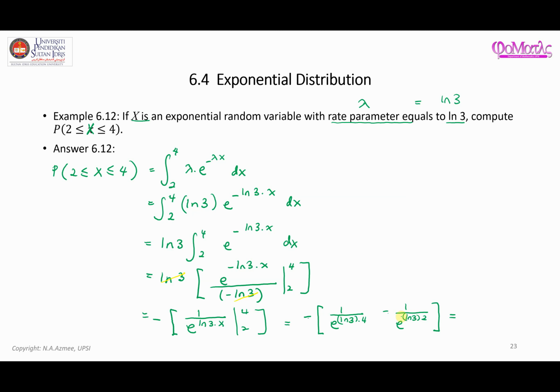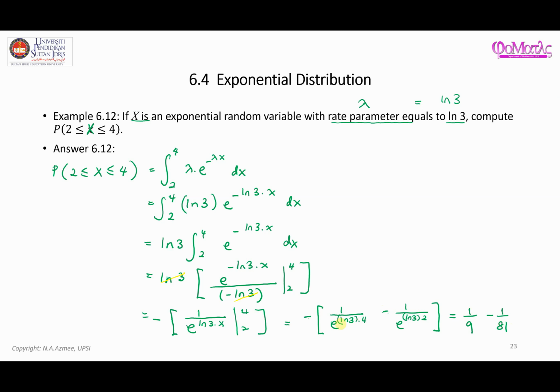So I'm going to consider this term in front. If you evaluate 1 over e to the ln 3 times 2, the result is going to be equal to 1 over 9. So that's a positive sign. And for this one here, it's going to be a negative sign, and it's equal to 1 over 81.